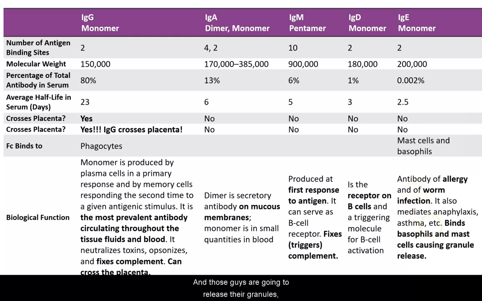And those guys are going to release their granules, which are predominantly inflammatory mediators like histamine. And so that's really the underlying mechanism to allergy, is this FC portion of the IgE antibody binding to those mast cells and those basophils, causing histamine release.